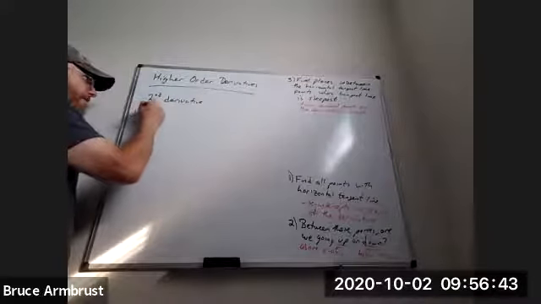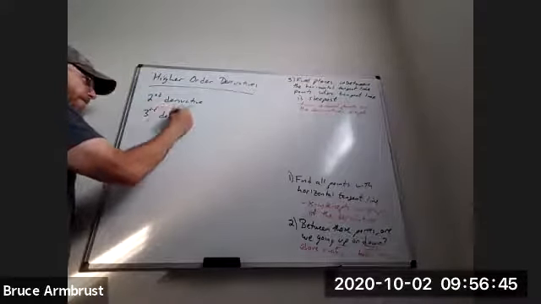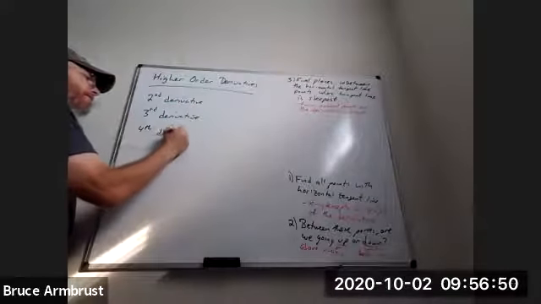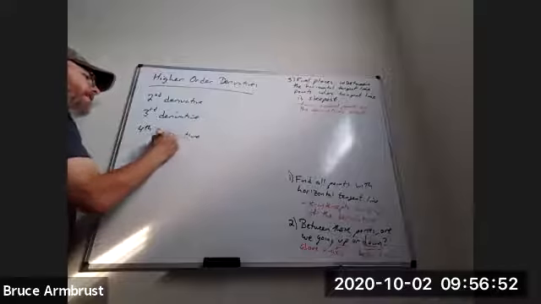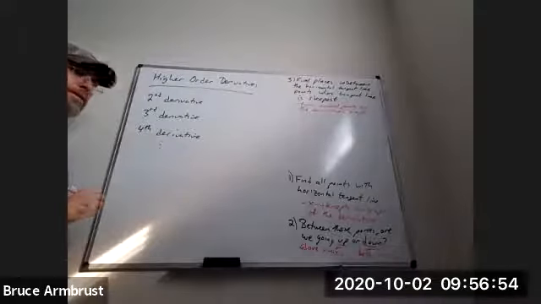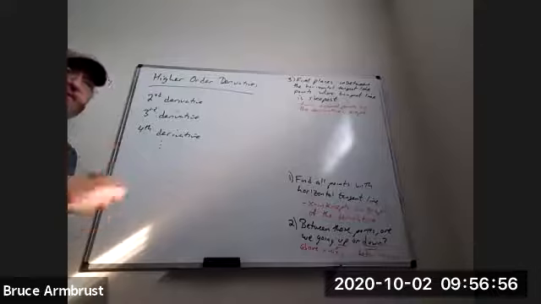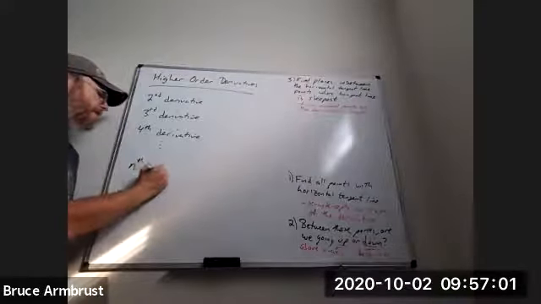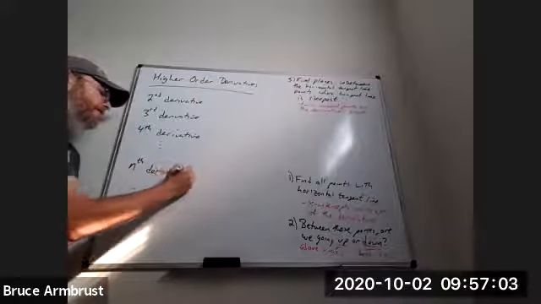You could have a third derivative. You could have a fourth derivative. And so on and so forth. There's a fifth derivative, sixth derivative, seventh derivative, blah, blah, blah. So what we'll do generically is we'll write nth derivative.